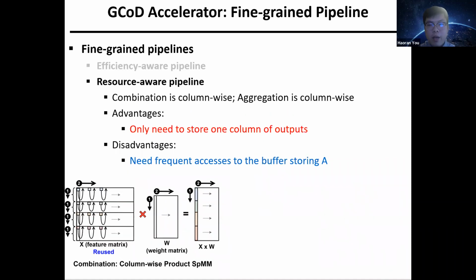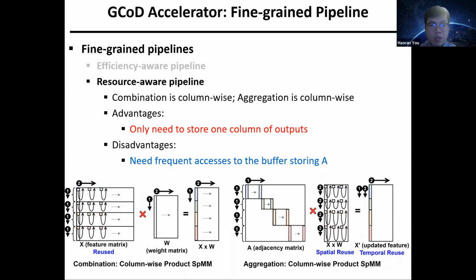In contrast, we have another resource-aware pipeline that performs combination column by column. By doing so, the aggregation phase can also reuse the combination results, as well as generate one complete column of the updated feature at a time. So the advantage is that it does not need a large on-chip buffer, while the disadvantage is that it needs more frequent access to the adjacency matrix.